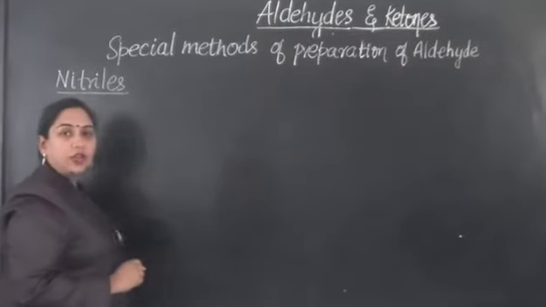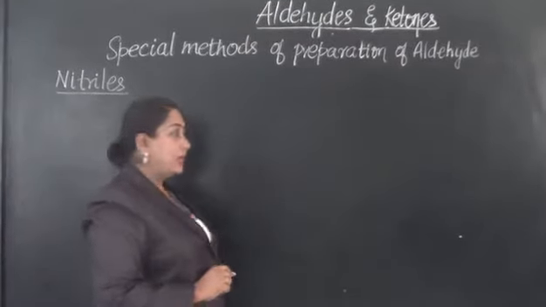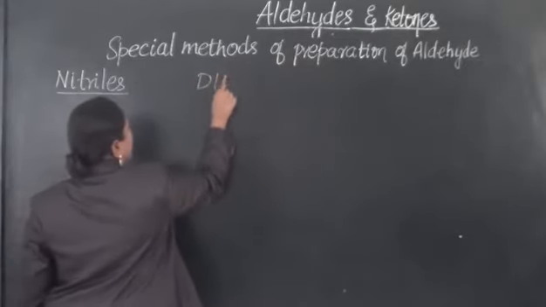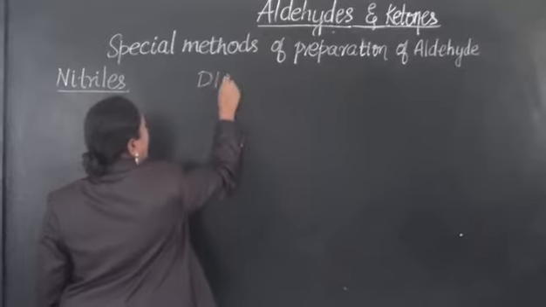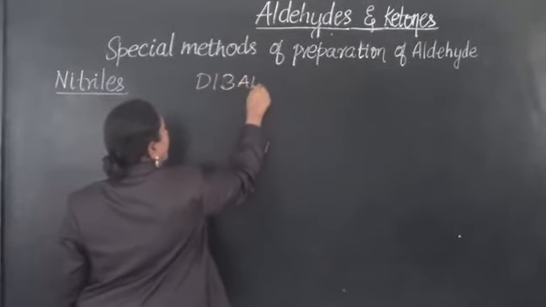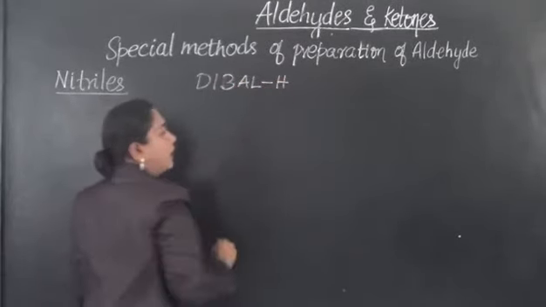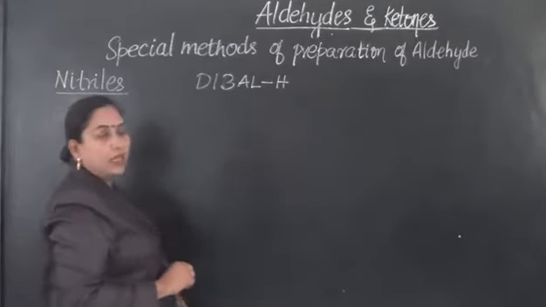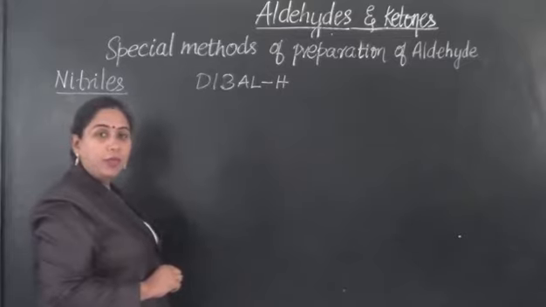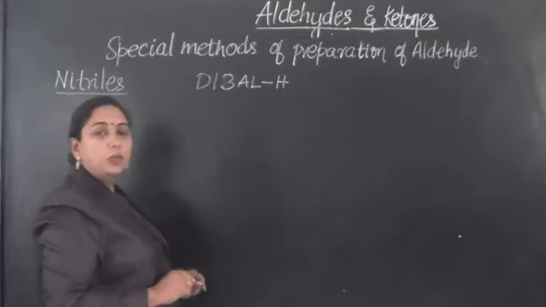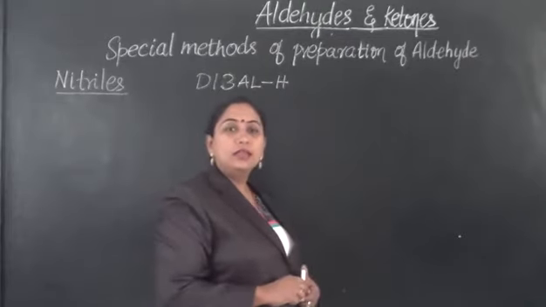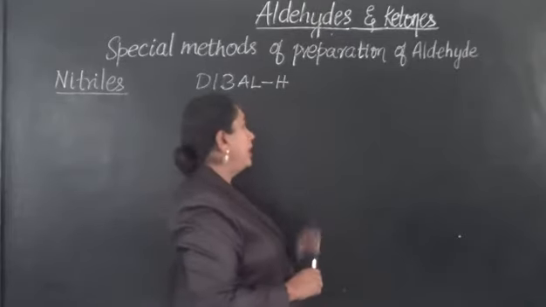Organic cyanides are referred to by the name nitriles. Nitriles, when treated with a compound called DIBAL-H, which acts as a very good reducing agent, will first convert the nitrile into an imine, and that imine obtained, upon further acid hydrolysis, will yield us the corresponding aldehyde.